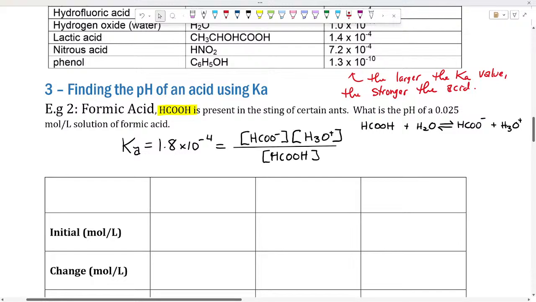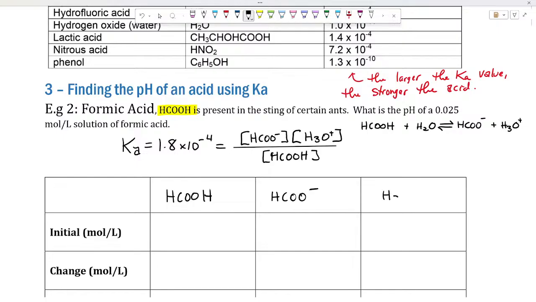That is our equilibrium expression for formic acid. Now, again, we can ignore water in our ICE table because it doesn't change, right? Concentration of water is so big that using up one water molecule simply doesn't change its concentration.